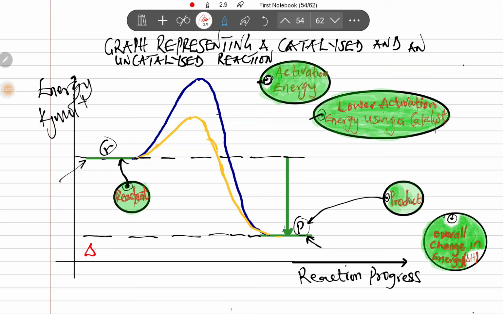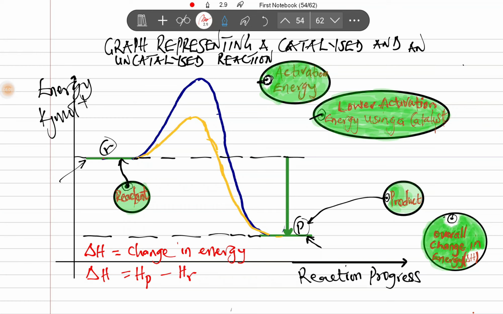The difference between the energy of the reactant and the energy of the product can be calculated and given as delta H, which is called change in energy. Delta H is equal to the energy of the product, which is the final energy of the reaction, minus the initial energy of the reaction, which is the energy of the reactant.